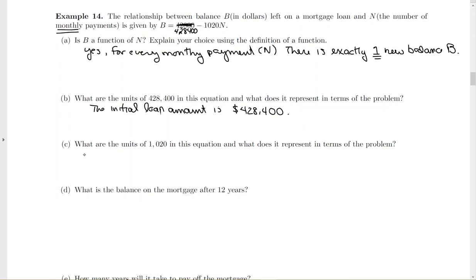So it's going to be $1,020 per month. And that's the amount that your balance is going to decrease by, because it's a negative in front, each month. So we decrease by $1,020 each month.